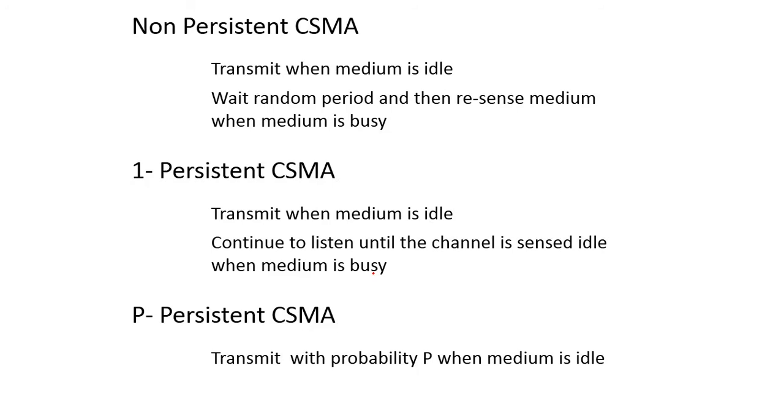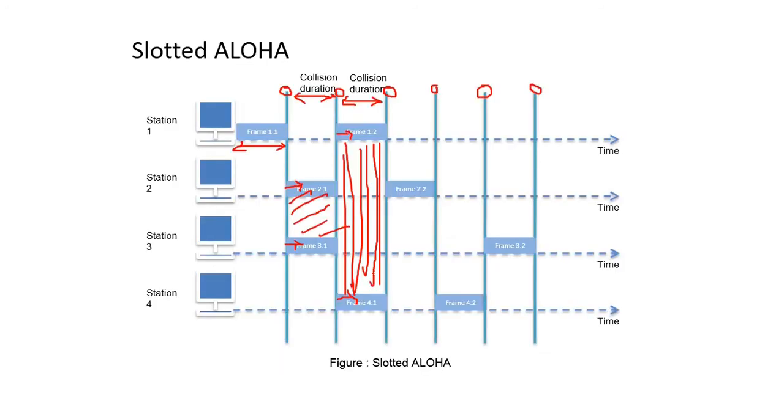Now a few techniques are available, like carrier sense multiple access, to overcome this limitation. There are three types of carrier sense multiple access: non-persistent, one-persistent and p-persistent. It means before starting the transmission, the station will sense the channel to see whether anyone is transmitting or not. Suppose it is a transmission time. During this time, all the stations that want to transmit will sense the channel.